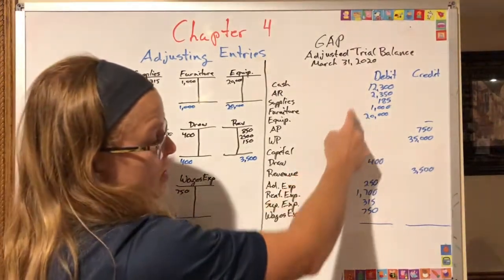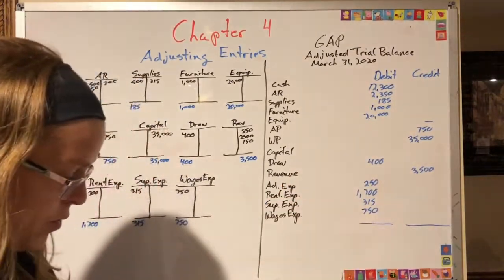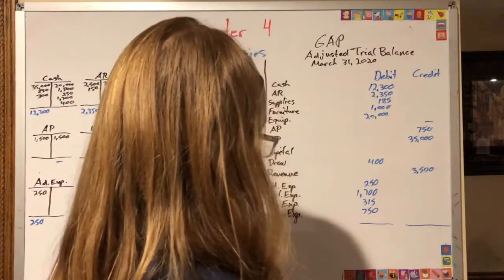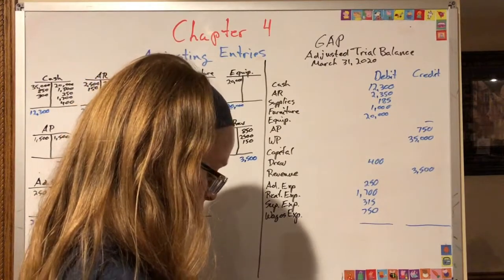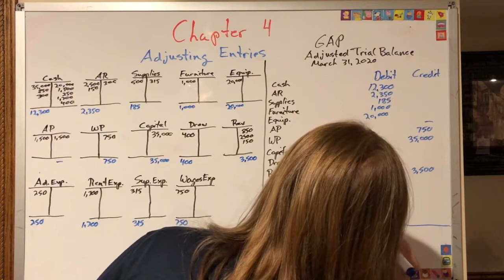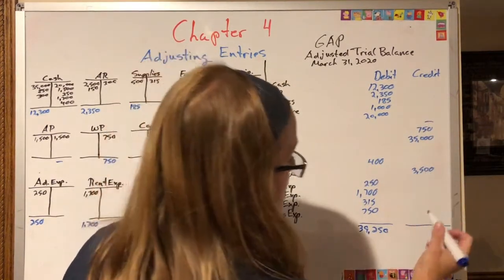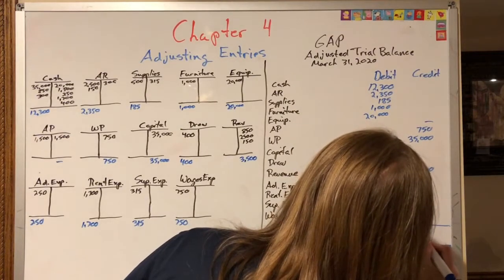Now we have to total these out. All right, so when we add all these together, we get a total of $39,250. And when we add our credits together, we get the same amount, $39,250.